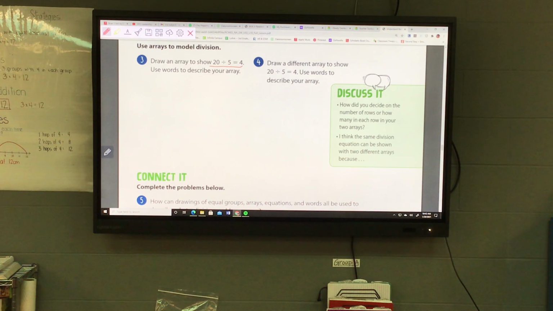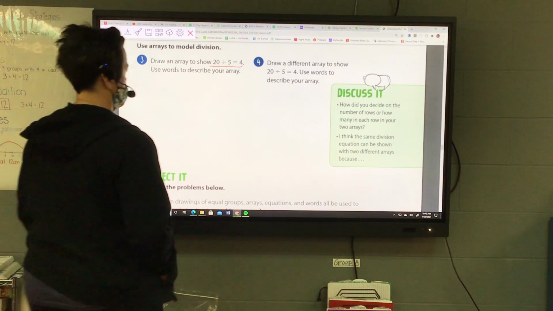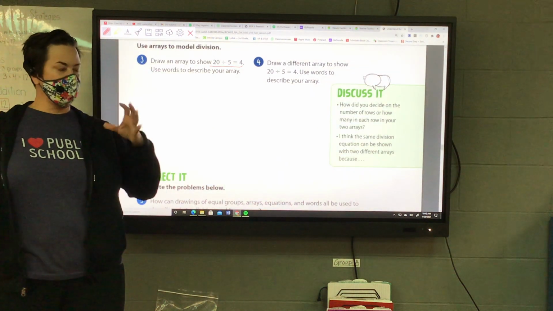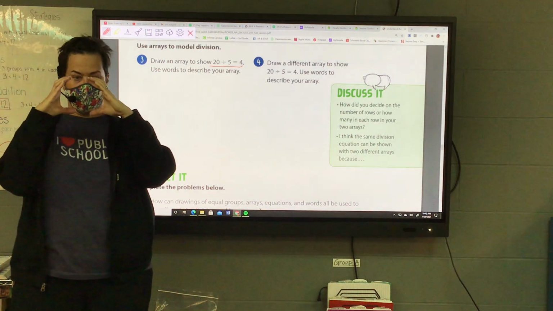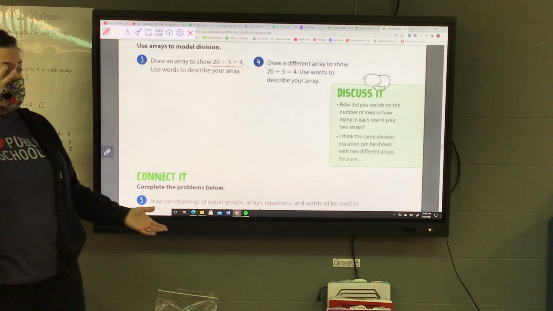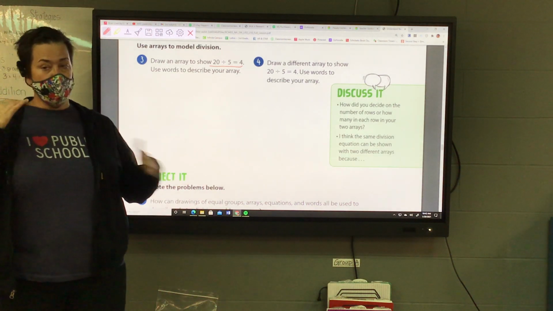How many rows do you have? Class? Are you making 20 rows? No. In our array, how many will be in the whole thing? 20. So, how many rows could we make?